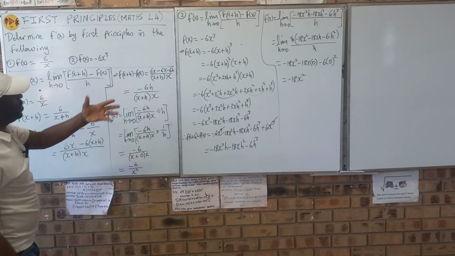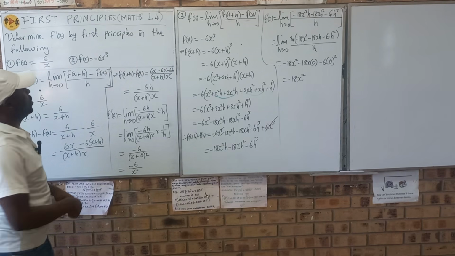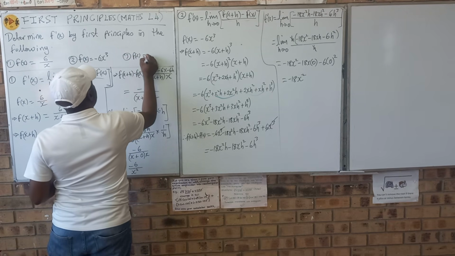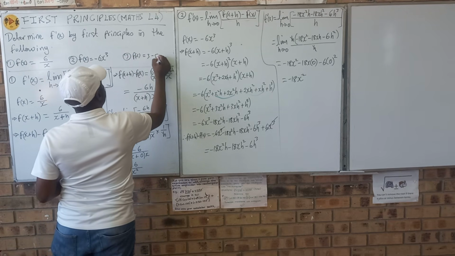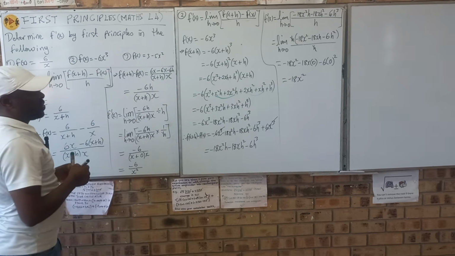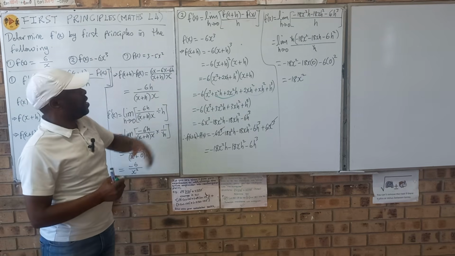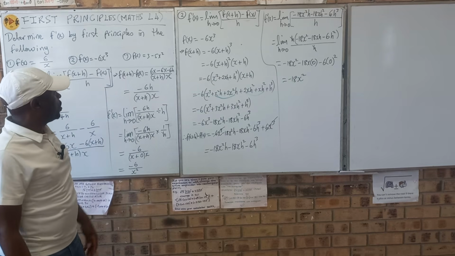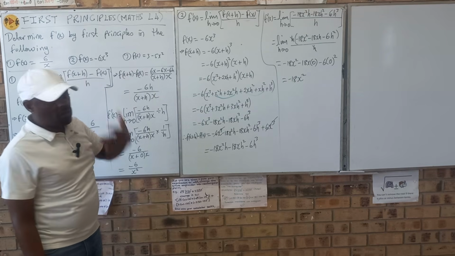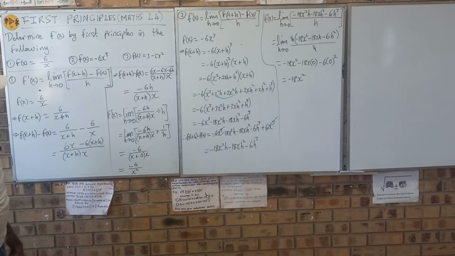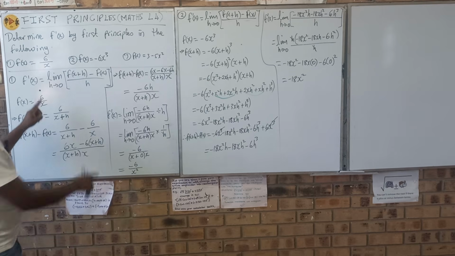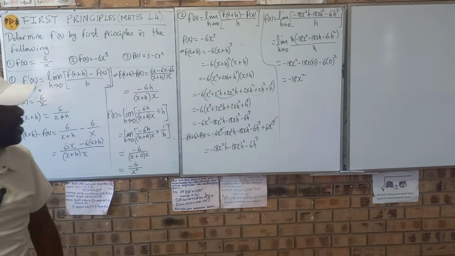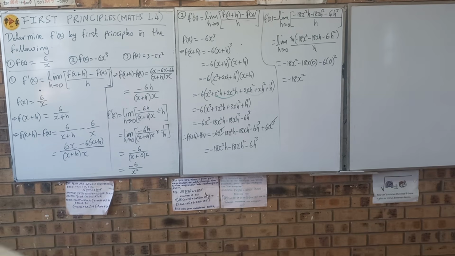You can also do this for a quadratic function, like maybe if you've got a function f of x being equal to 3 minus 5x squared, you follow the same procedure, which will be short, and you follow the same technique like for the cubic function. So I'm not bothering about this because that is level 2 work, level 3 work, sorry. But as a level 4 student, these are the two that you must target and make sure that you get them right. So thank you very much.